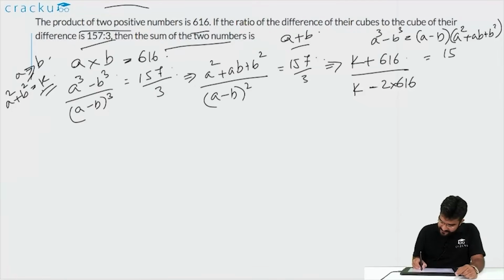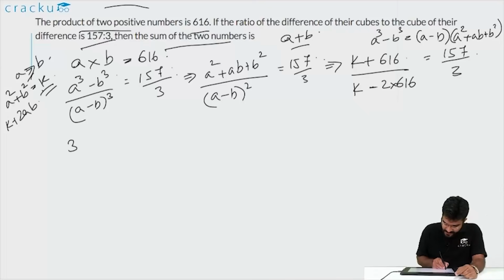This is equal to 157 by 3. So using this equation, we will try to find out the value of k, then find out k plus 2ab, which will be a plus b whole square, then take its square root to find out the value of a plus b.